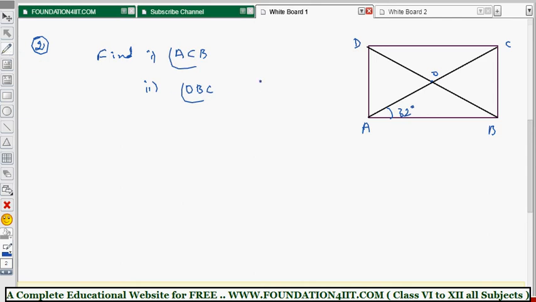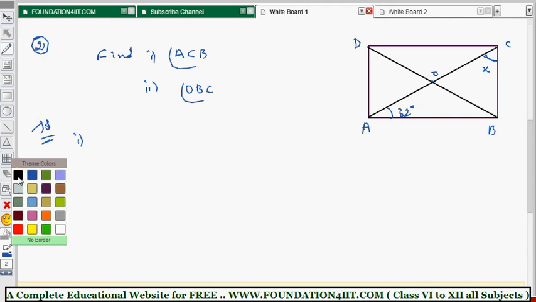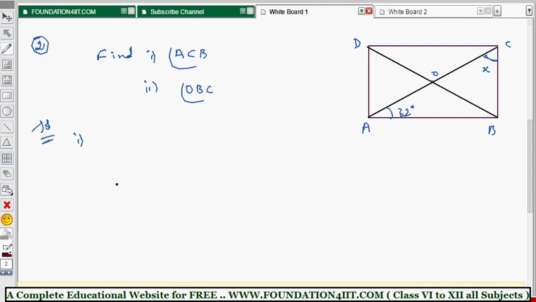So let's take angle ACB. I'm taking this as X. When you do this first part, the sum of the angles in a triangle is 180 degrees, and angle B, the total angle B, is 90 degrees because every angle in a rectangle is 90.